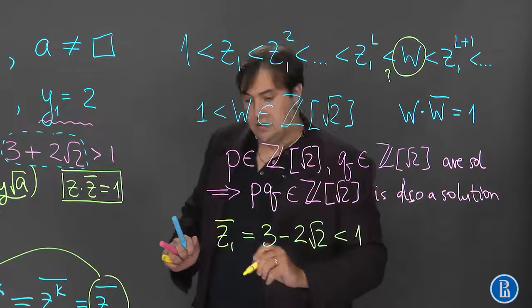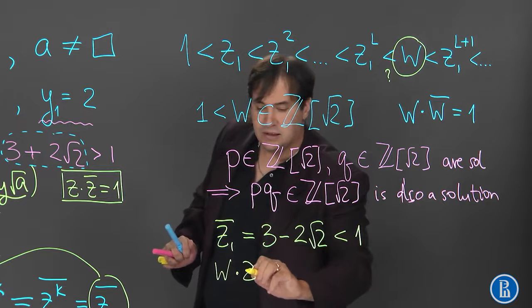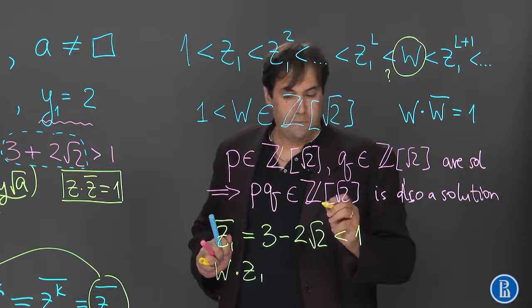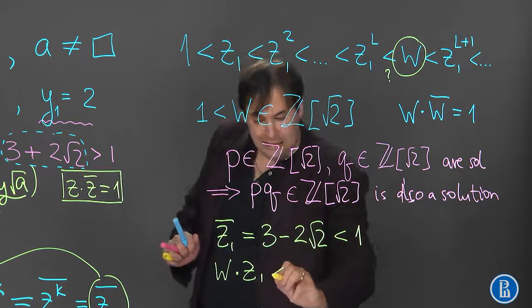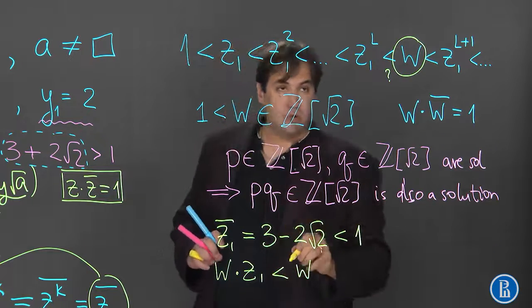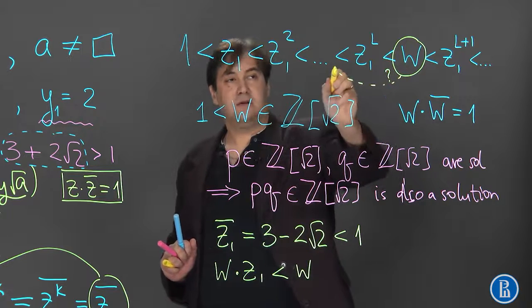In that case, when we multiply w by z1 conjugated, we will get a solution. It would be less than w, but what is more important, it will be not here, but here.